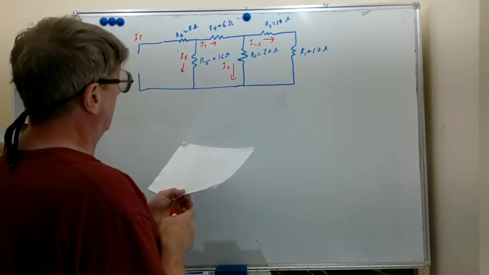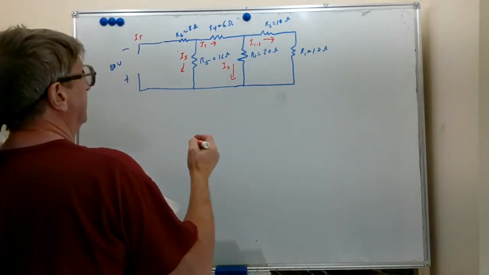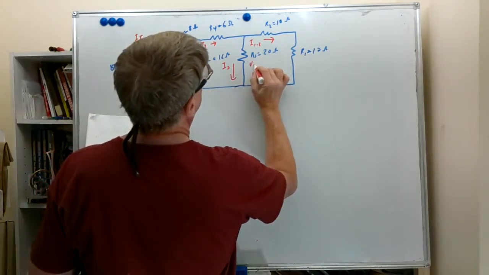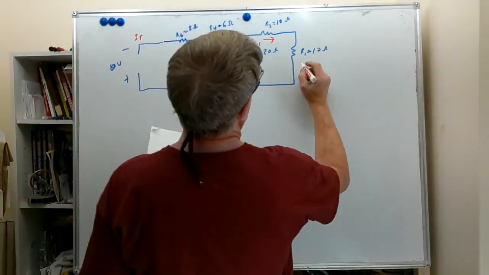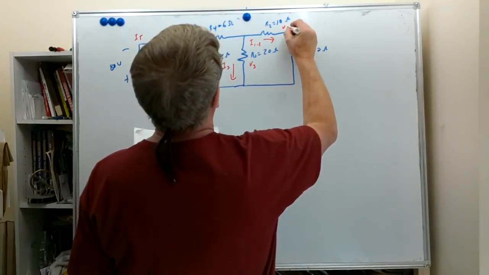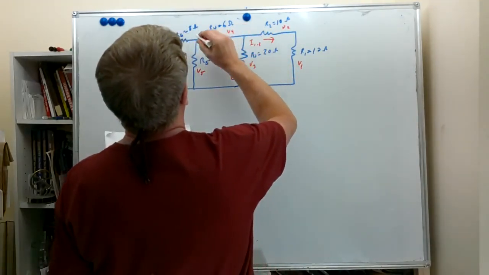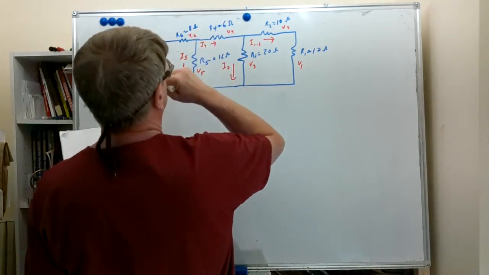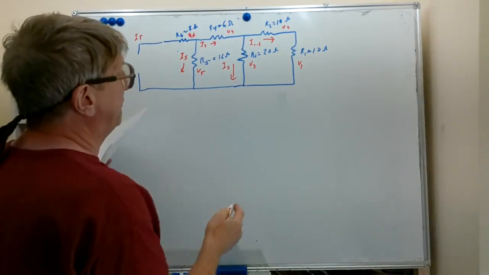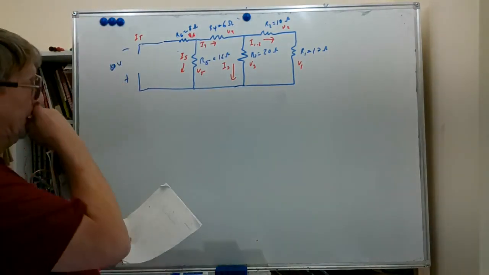And we're going to want to find all the voltages too. We're going to want to find V5, V3, V1, V2, V4, V6. So our goal here is to find all the resistances and all the currents and so on.